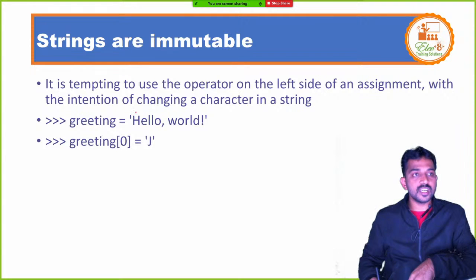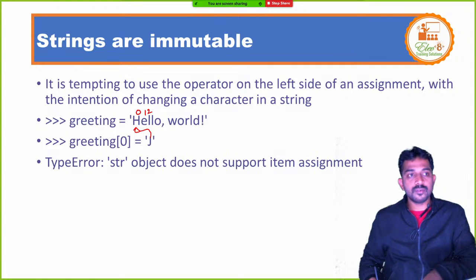Yesterday we saw this is the zero index, this is the first index, this is the second index. Greetings[0] means the H. In this process, you are trying to change this H.